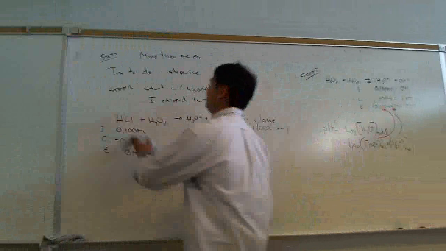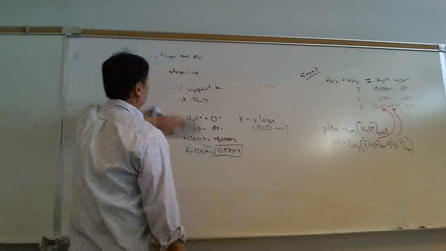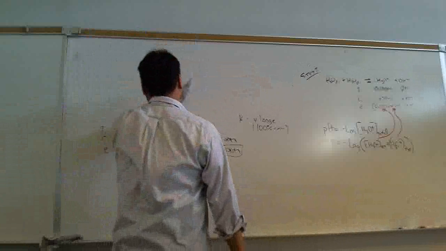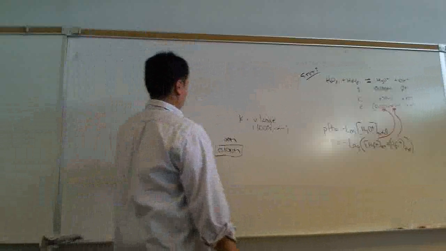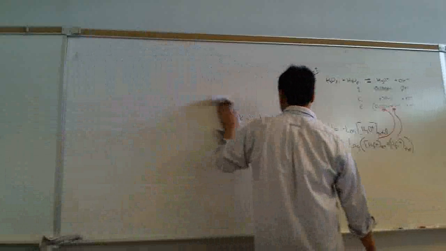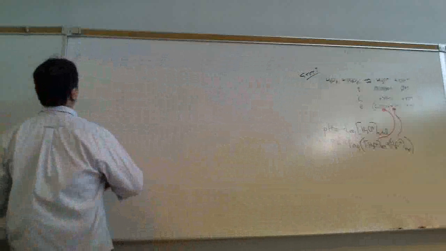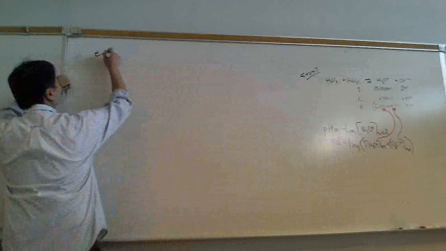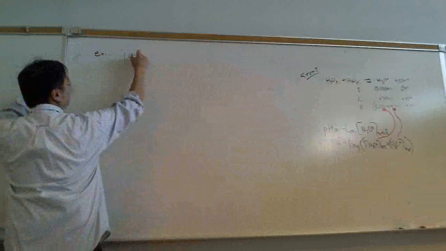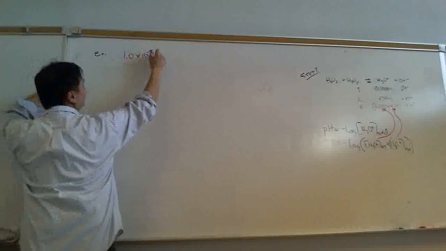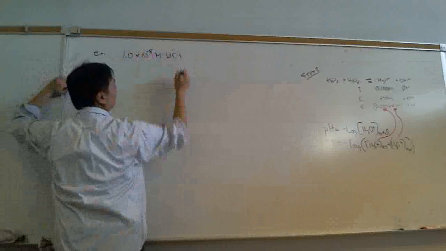But whenever you make those assumptions, you have to realize, or at least state, what your assumption is. Because a lot of people do that and forget. And so I want to do this one. 1.0 times 10 to the minus 8 molar HCl. What is the pH of this?